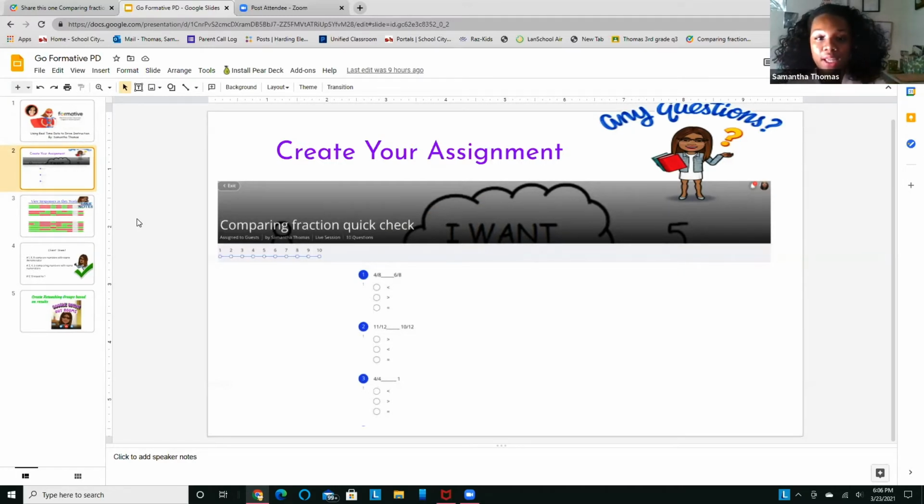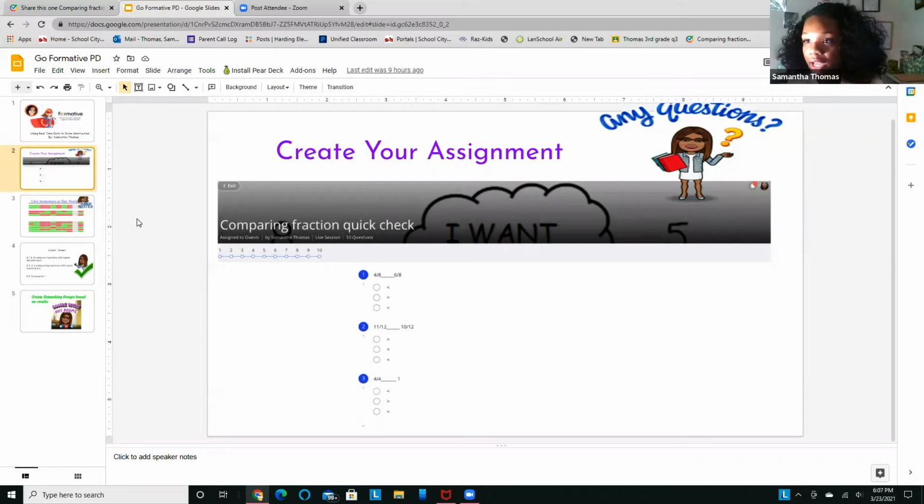What information, what data do I want to collect? And you're very careful about the questions that you select or create so that you can quickly get the information that you need to determine if you need to teach the whole group or if you need to just teach certain students.